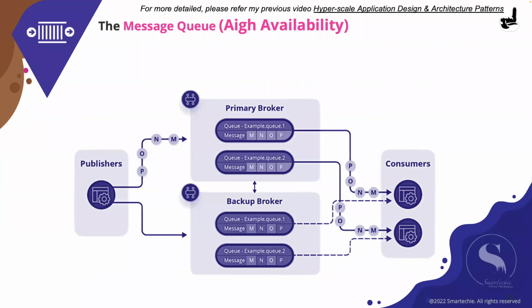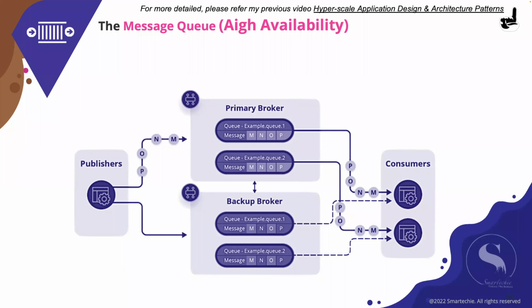So how do we make a message queue highly available? It's never been easy to build a highly available message queue in a distributed system. However, these are some of the most important points to be considered while building and deploying such a system.